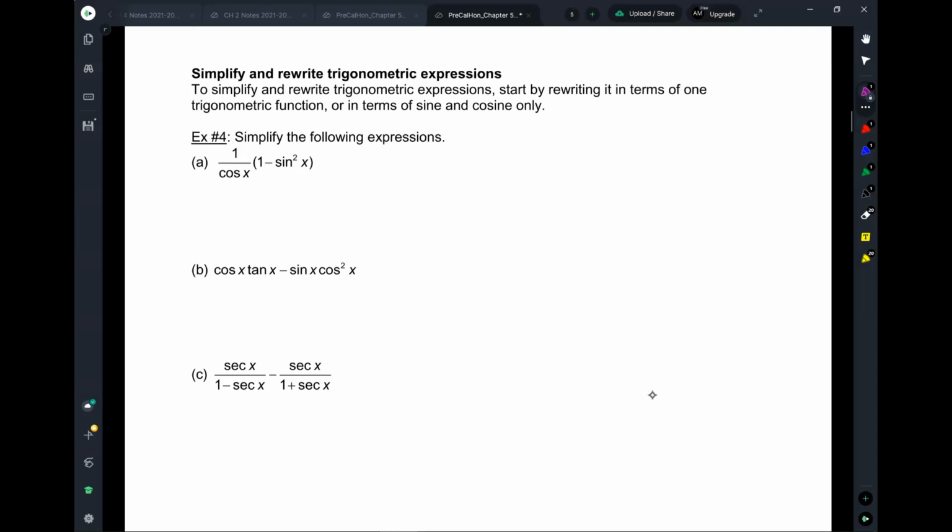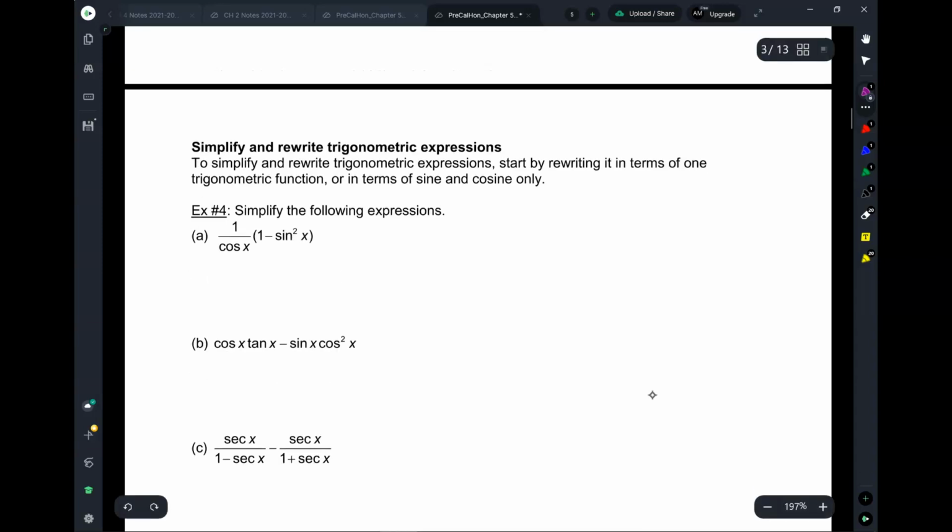Well, first, to simplify, you should end up with sine x or cosine x or some combination.